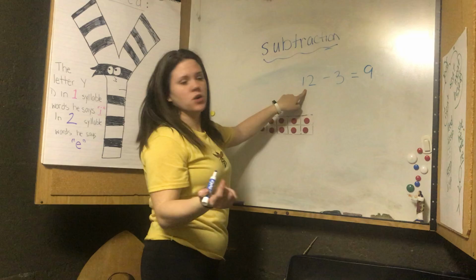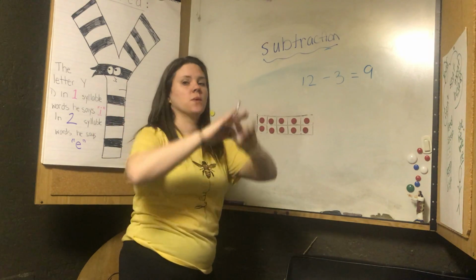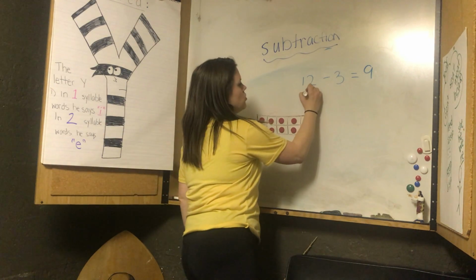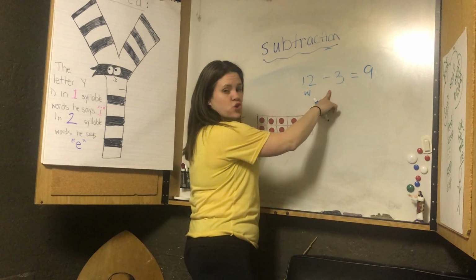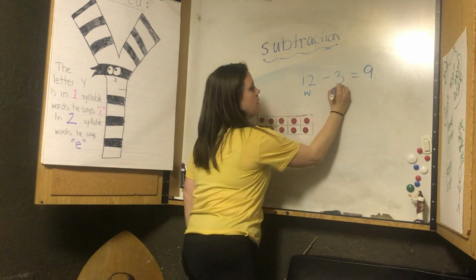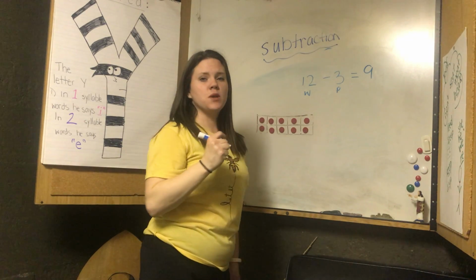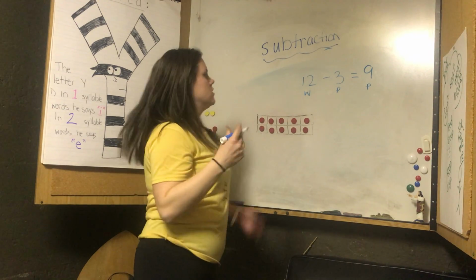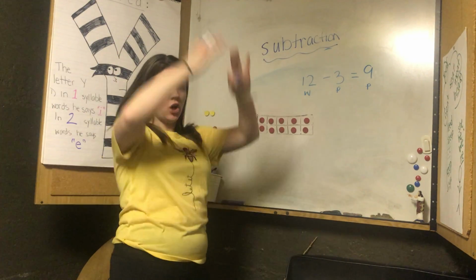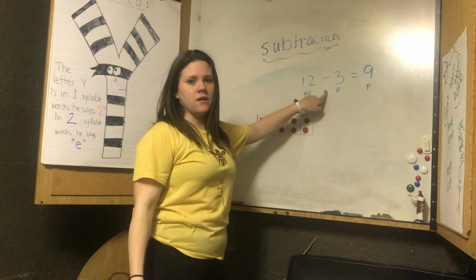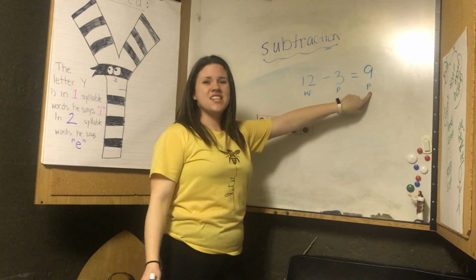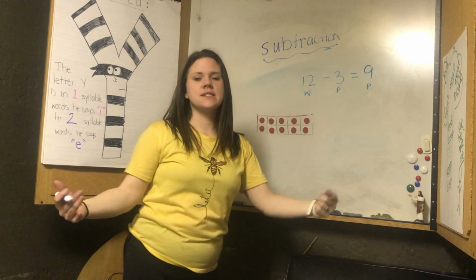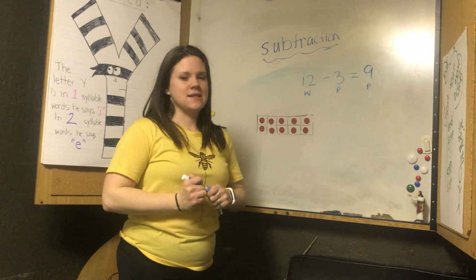In our subtraction equation, we always start with the biggest number. We always start with the whole. Here's the whole, and I take away, or I subtract, or I minus one part, and that leaves me with the difference, or the other part. So we start with 12, the big number, I take away one part, and I'm left with the difference, or the other part. So the difference is the answer in our subtraction sentences.